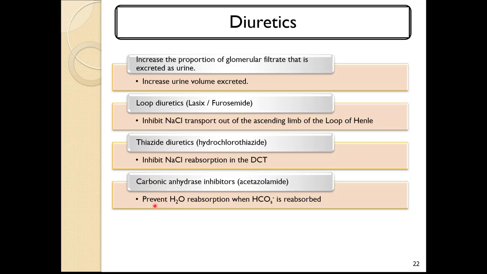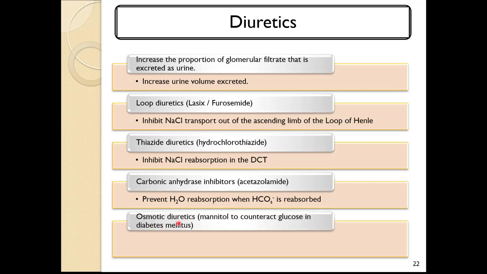Carbonic anhydrase inhibitors basically block carbonic anhydrase and therefore prevent water reabsorption when bicarbonate is reabsorbed in the proximal convoluted tubule. If you think about it, I didn't mention this when I mentioned that we're reabsorbing all the bicarbonate, but when we reabsorb bicarbonate from the filtrate, water is going to chase any solute, right? And so water will chase after that solute, so that prevents water reabsorption.